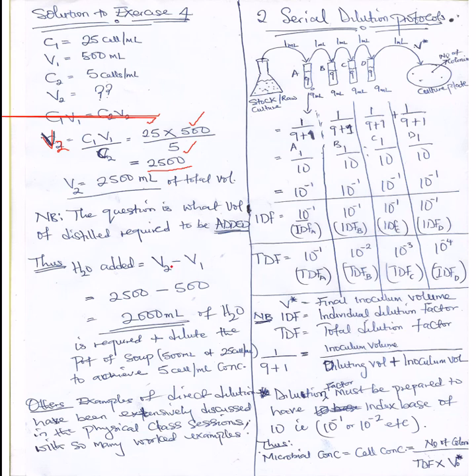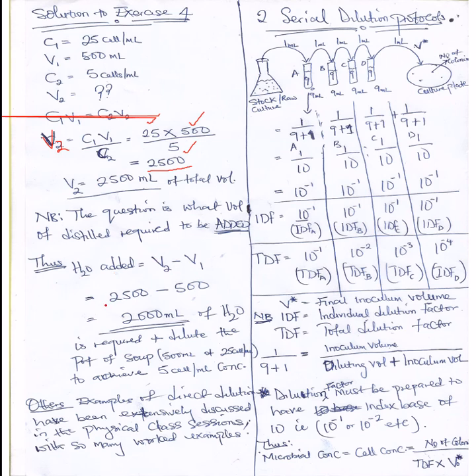Then the question wants to know how much volume was added to dilute this sample from 25 cells per ml to 5 cells per ml. Note, the question is what volume of distilled water is required to be added. So the water that was added is the final V2 minus the initial V1.